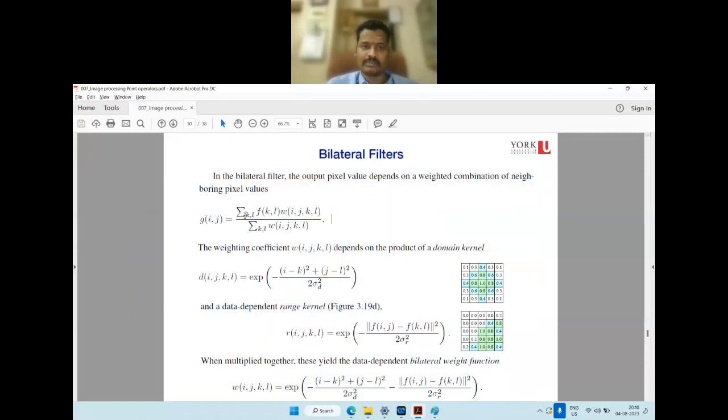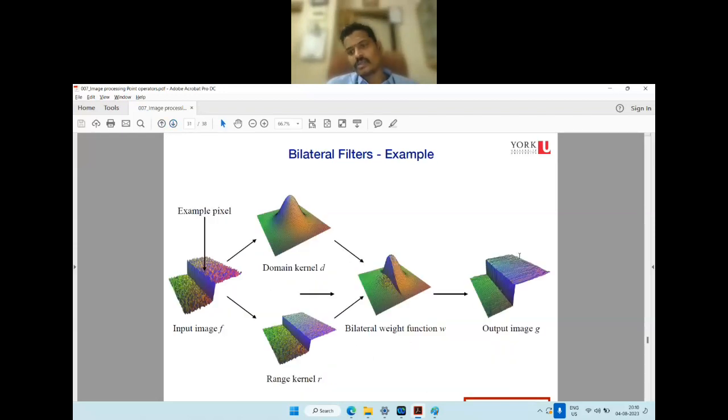Finally, it is added up for all the pixels k comma l, kth row and lth column. Then we will get a very good output image. Basically, the purpose of these filters is to remove noise.